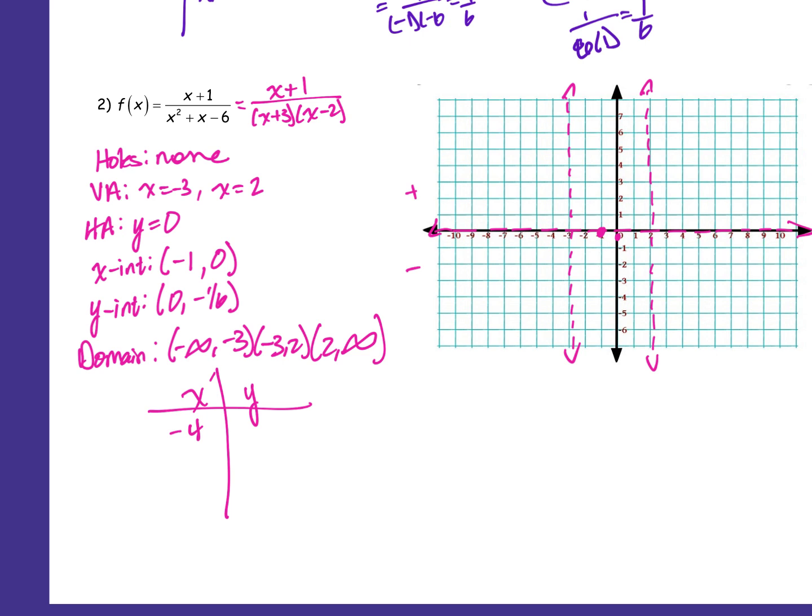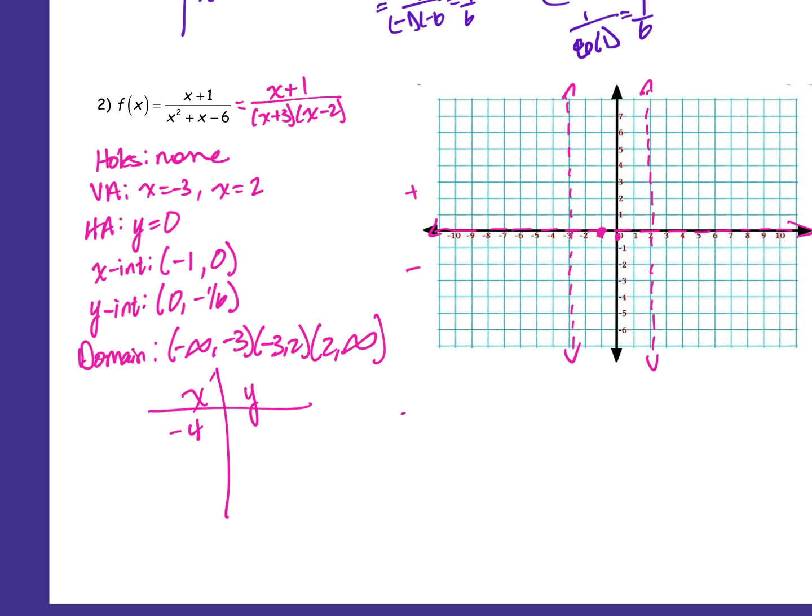That's really all I need to know, because if it's above the x-axis, then it's going to be in this area up here. If it's negative, then it'll be in this area down here, because I don't really need to know the point since I'm just sketching it. If I had to graph it and be exact with it, then I might have to know where some more points are, but we don't have to. We just have to sketch.